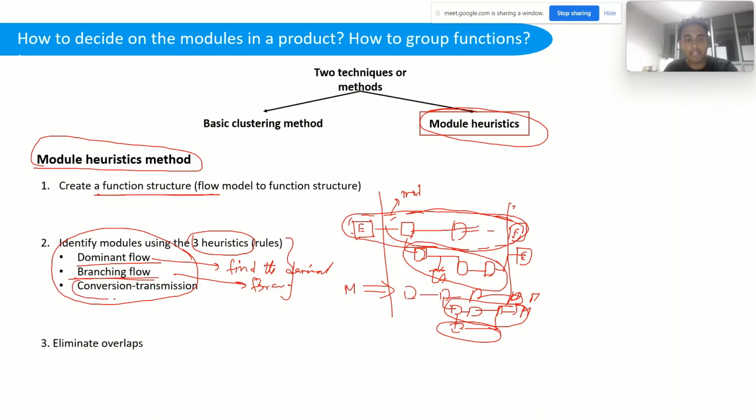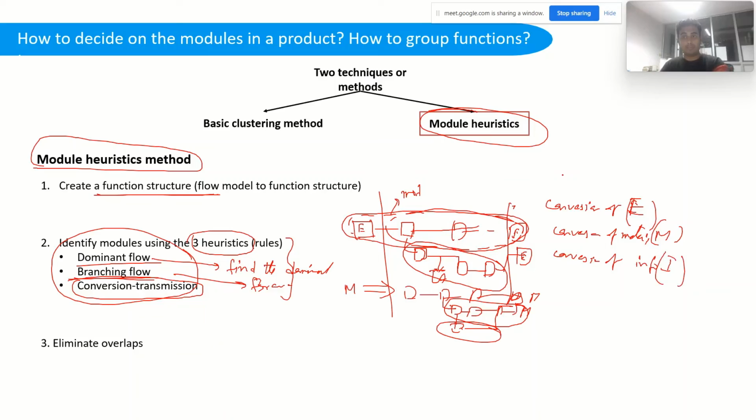Then we consider conversion and transmission. Basically, whenever there is a conversion of energy, conversion of material, or conversion of information, this is E, this is M, and this is I or signal.